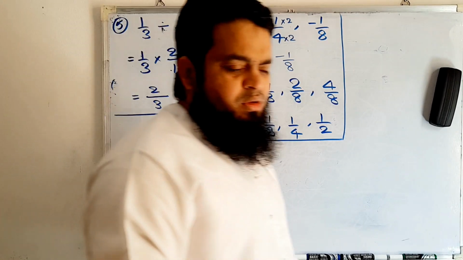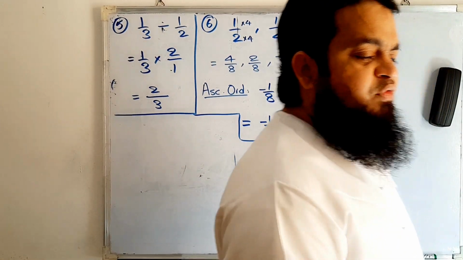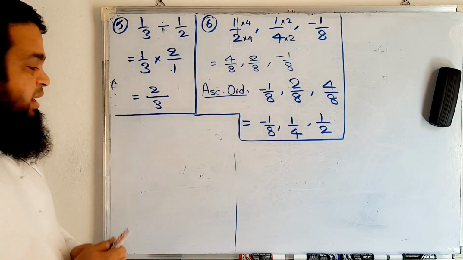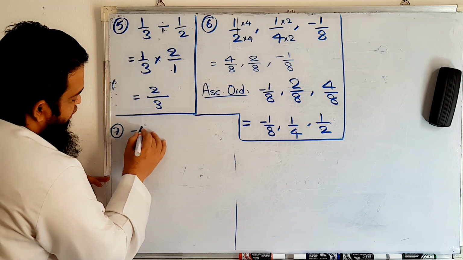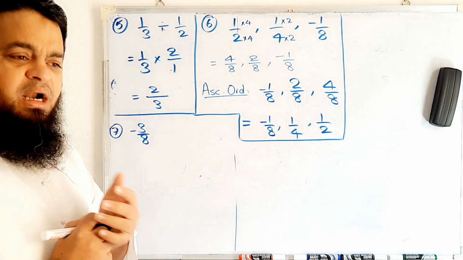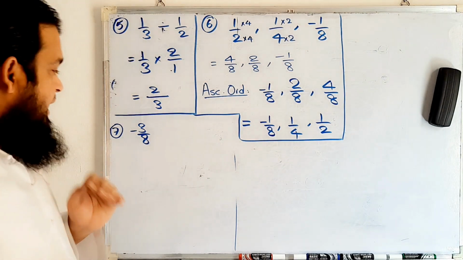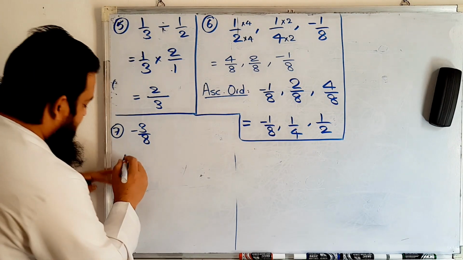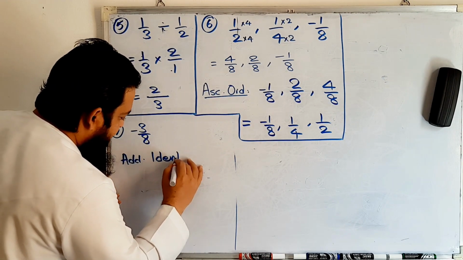Now, find the additive identity and the additive inverse of minus 3 by 8. Seventh problem. What is additive identity?